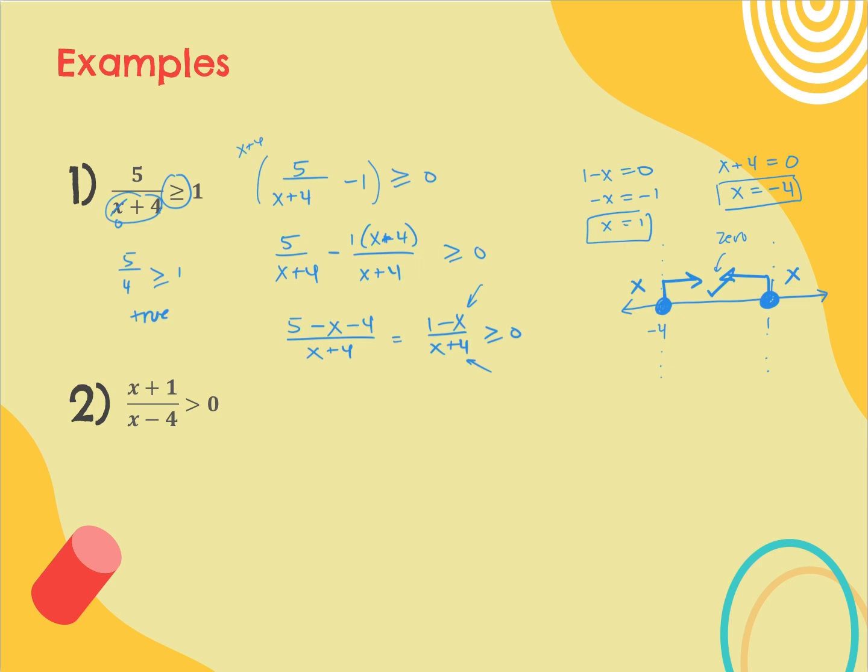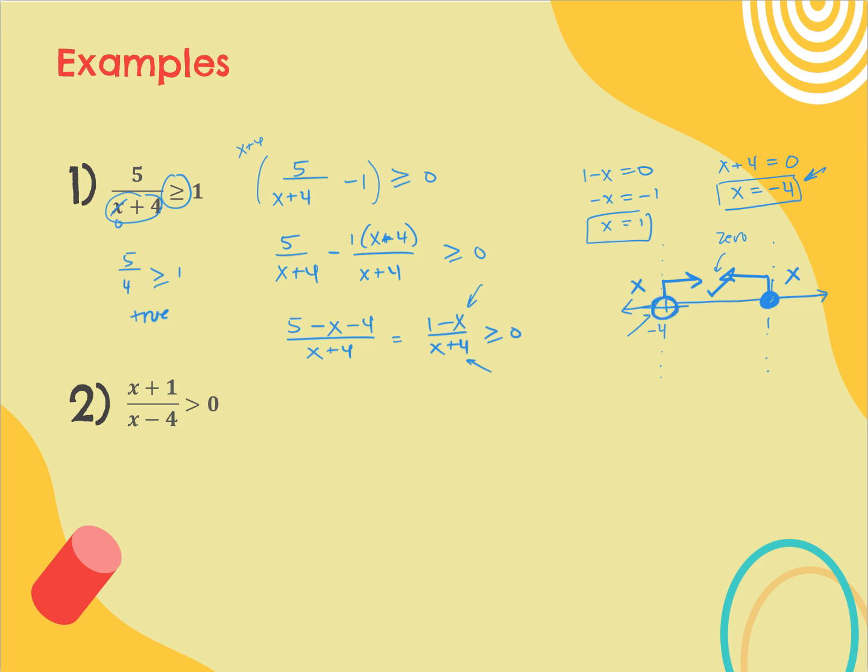Well, in this case, it's negative 4, right? So even though I got this solution here that it was negative 4, it can't actually equal negative 4, because in this particular problem, negative 4 is extraneous, right? So what I have to do is change it here to where negative 4 is an open circle.